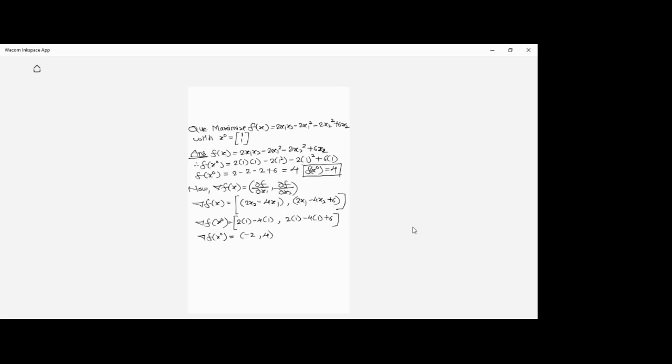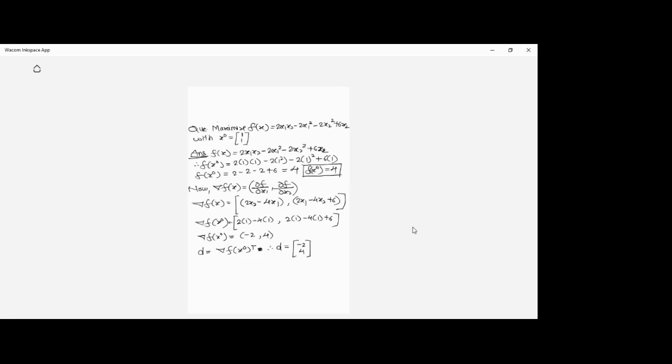What is the next step according to the algorithm? The algorithm tells that you take the transpose of this matrix, which is d. So we can write d as minus 2, 4.